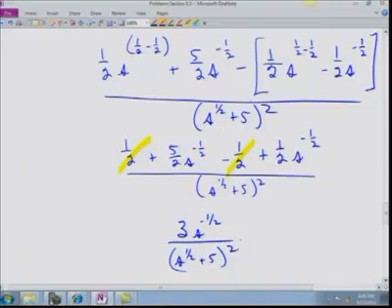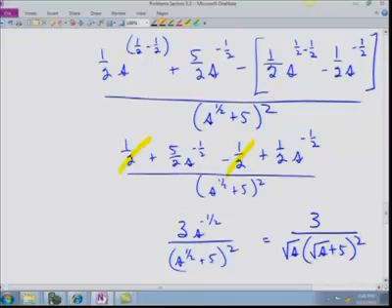You look up at the answers and you see that they put things in radical. Okay? And so what do we have? The square root of S times 3 over square root of S, and I think this is square root of S plus 5 squared. Does that match one of the answers? Okay. Thank goodness.